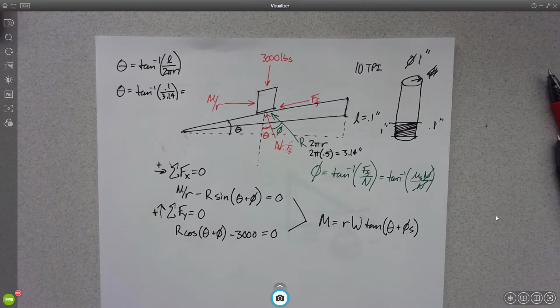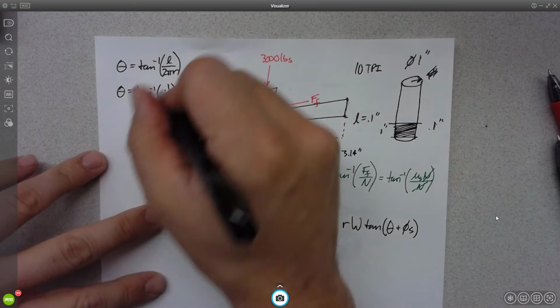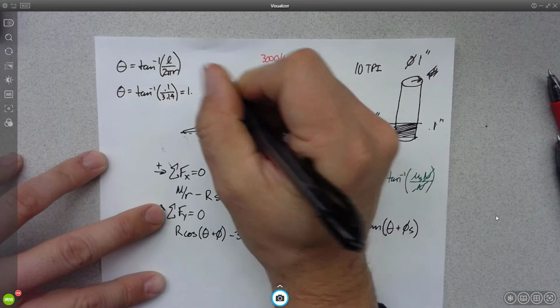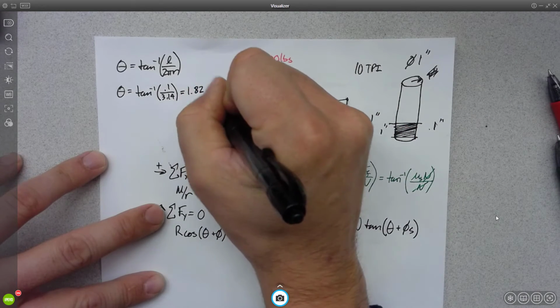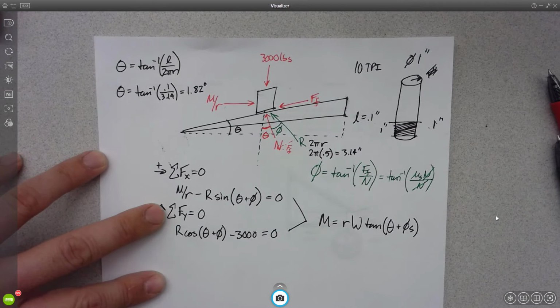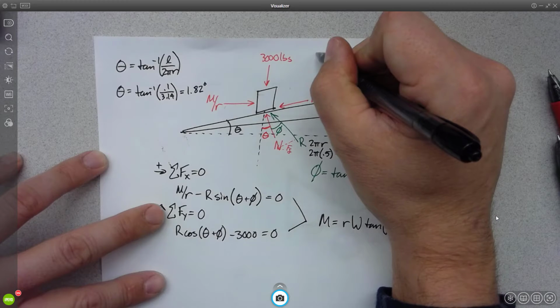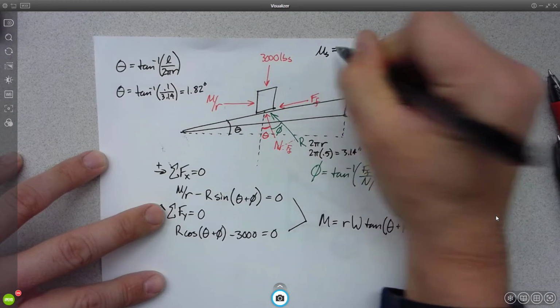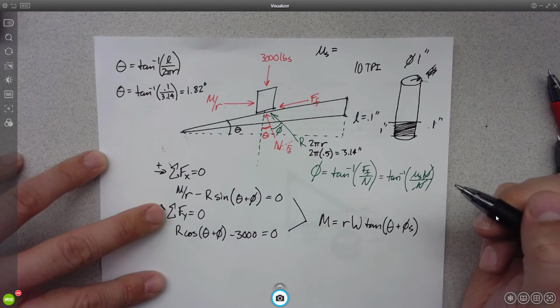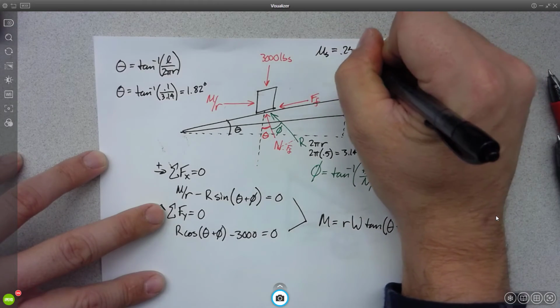Someone tell me what that is? Not a very big number. 1 point what? 82 degrees. Right? And let's say that somehow I'm able to determine that the mu static for this guy is 0.25, right?